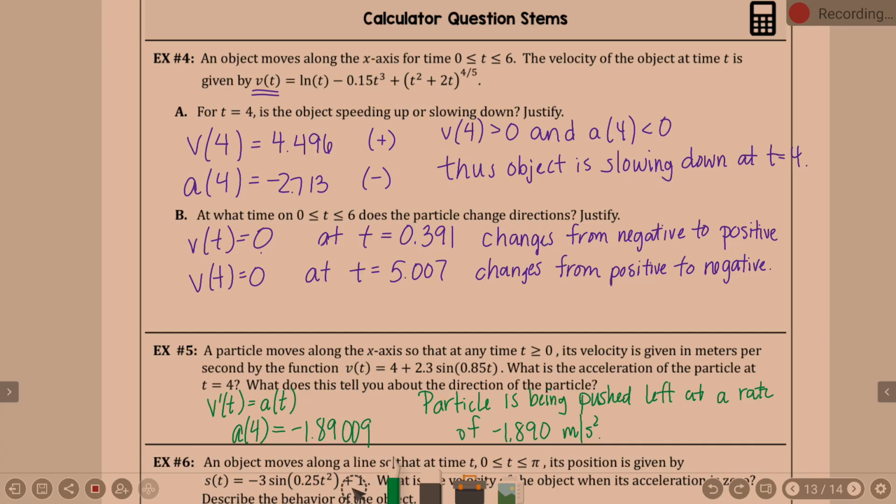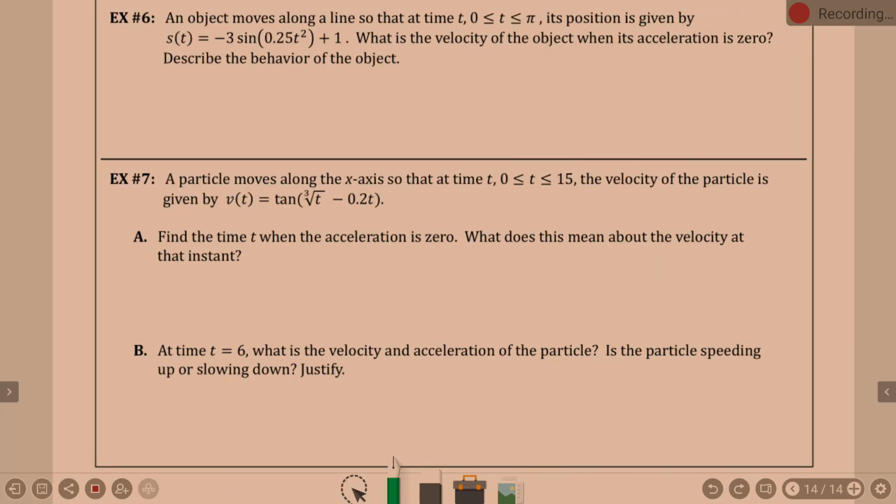Let's look at 7. A particle moves along the x-axis, so at time t from 0 to 15, the velocity is given by that formula. Find the time t when the acceleration is 0. So a of t equals 0.